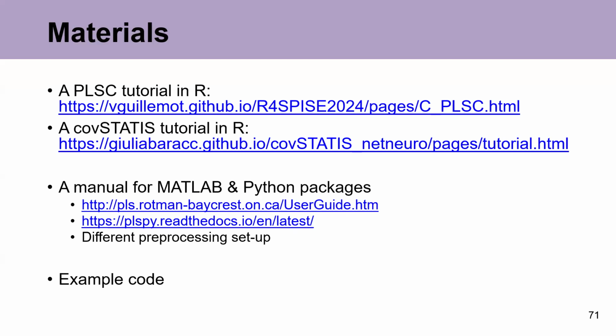One thing to be careful about is that by default, they have different ways of pre-processing your data, like centering and scaling your data. And it's not flexible in these packages. So you might want to read through the manuals and look at their pre-processing options, pick the ones that best fit your analysis.